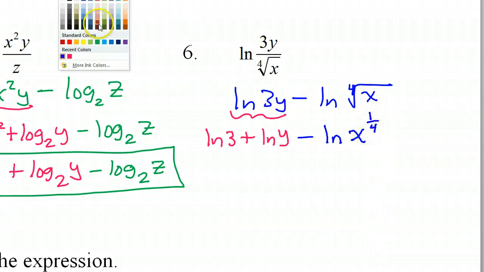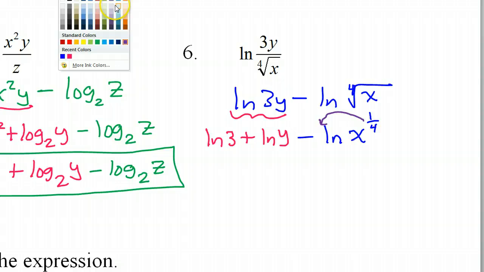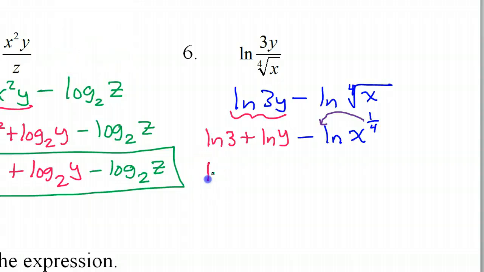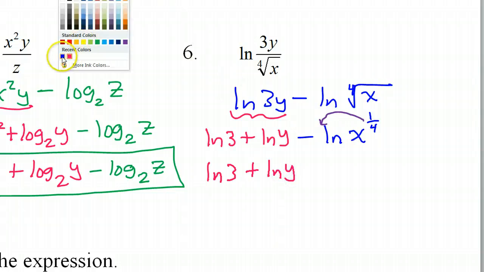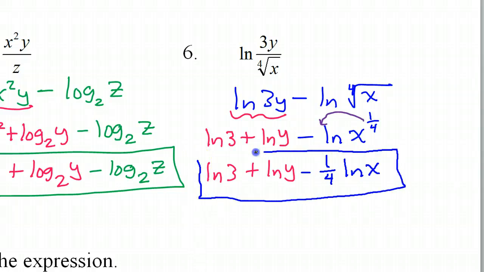And like we discussed, using the exponent property in expanded form, that power has to come out front. So we will have natural log of 3 plus natural log of y minus 1/4 natural log of x. This would be the fully expanded form for number 6.